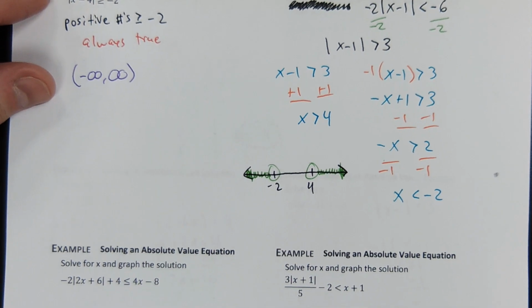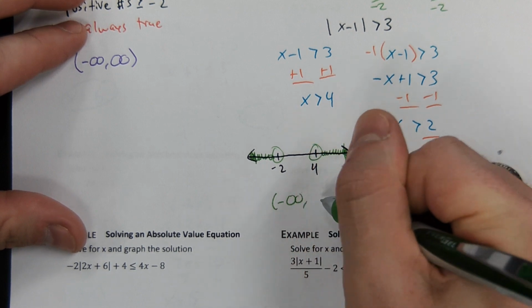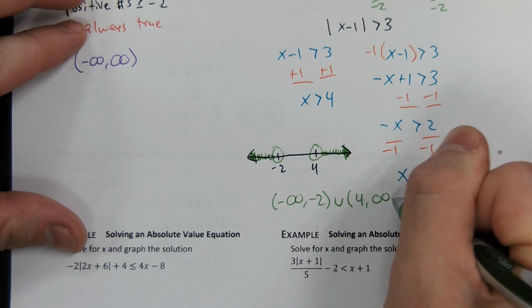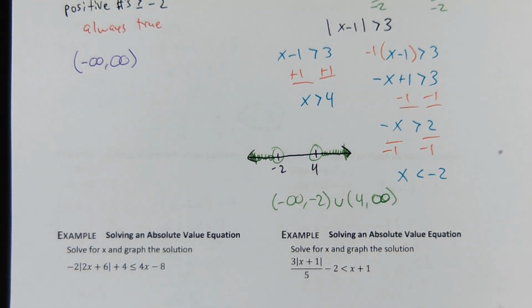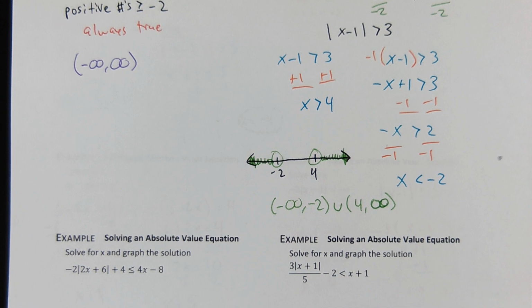So we'd have to write that answer set as a union: from -infinity up to -2, union, 4 to infinity. Ta-da! Cool beans? Not bad, right? I just wanted to make sure that you saw what happens if the answers didn't overlap, and that's why I switched the inequality over.